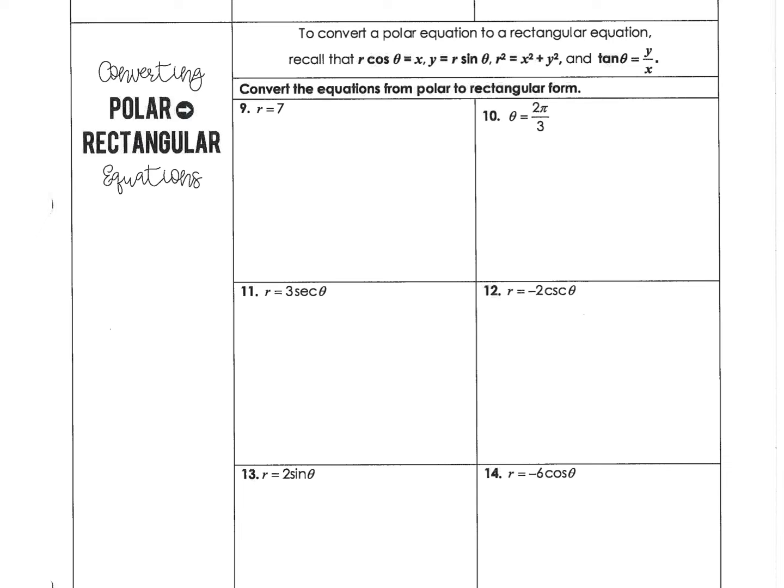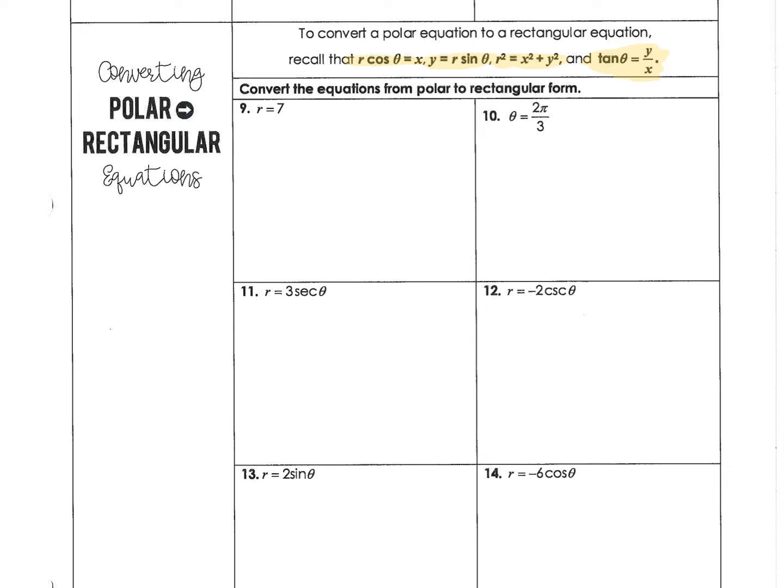You've got four possibilities here: r cosine theta is x, r sine theta is y, x squared plus y squared equals r squared, and tangent theta is y over x. Any of those can be substituted in because we're trying to get out of r and theta and into x and y only.